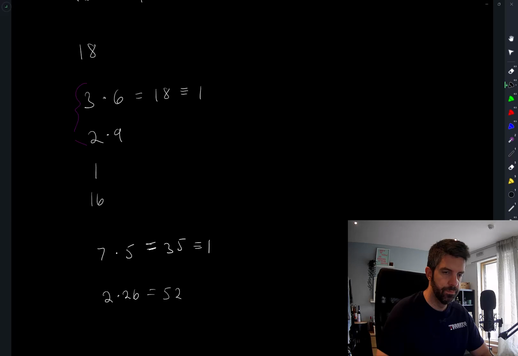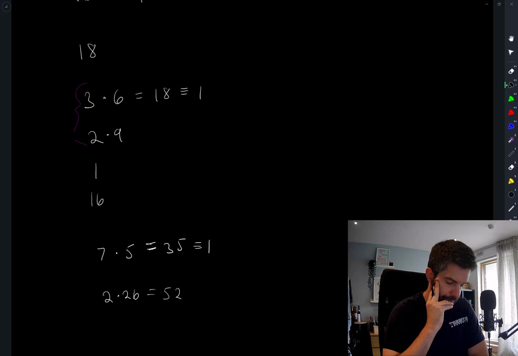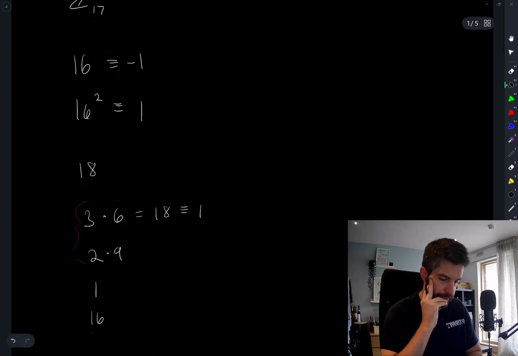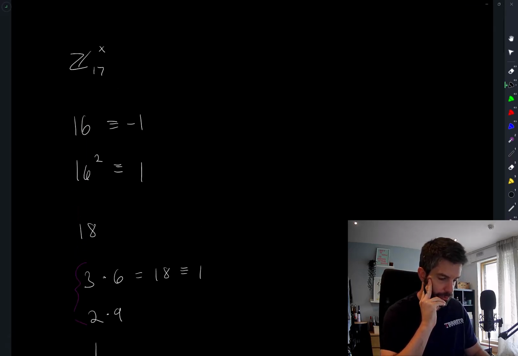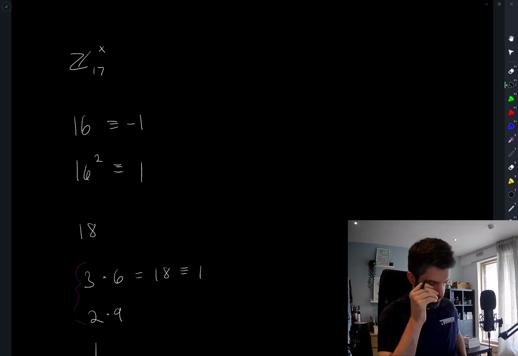So the other thing to realize is these units sort of come in pairs, right?